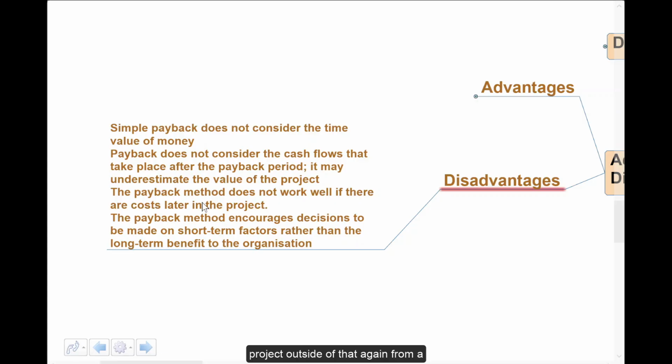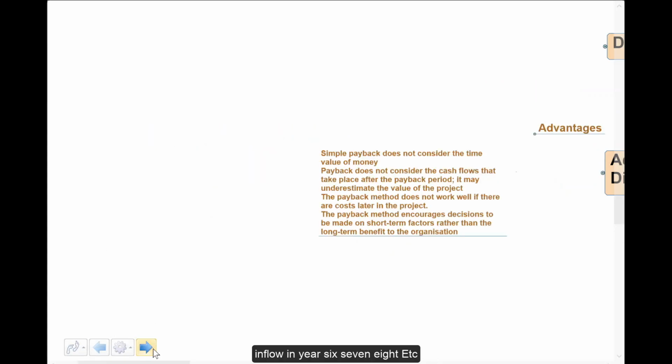Outside of that, again, from a timing perspective, if there are significant costs later on in the project, it may well be that they're outside the payback period. Last area, short-termism. Given that we're talking about timescales, let's say 2.5 years, it may well be that it encourages decisions based on short-term factors, just the recoup of initial investment, rather than something that perhaps is of long-term benefit to the company, perhaps a cash inflow in year 6, 7, 8, etc.